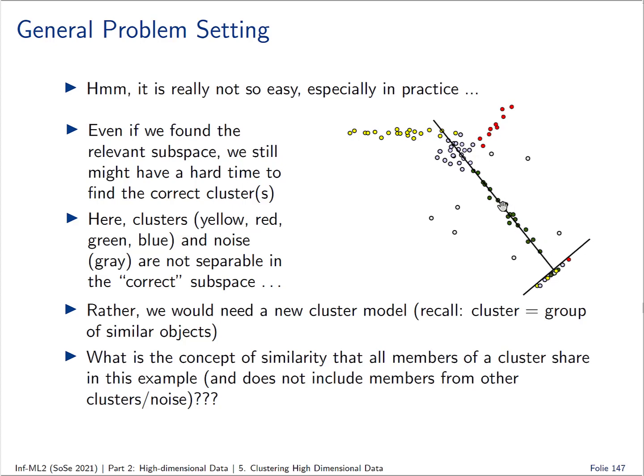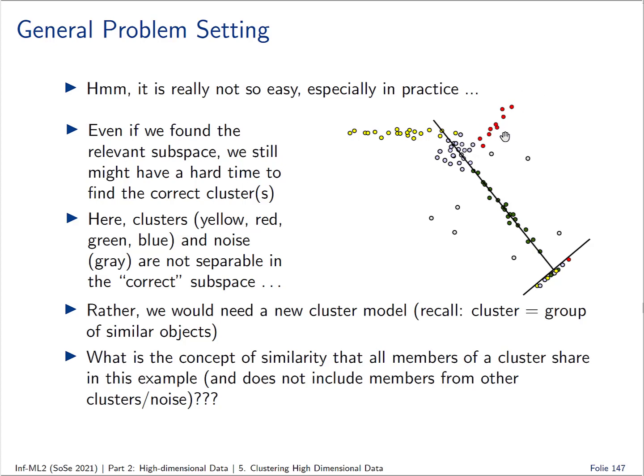in order to find the green cluster, if we project all the points down here, we have a really hard time identifying the green cluster. So it's not that easy in practice. Just because we know that we look for linear correlations and then project everything onto these perpendicular subspaces, not everything is necessarily fine. Even if we found the relevant subspace, we still may have a hard time finding the correct cluster, as it is down here.